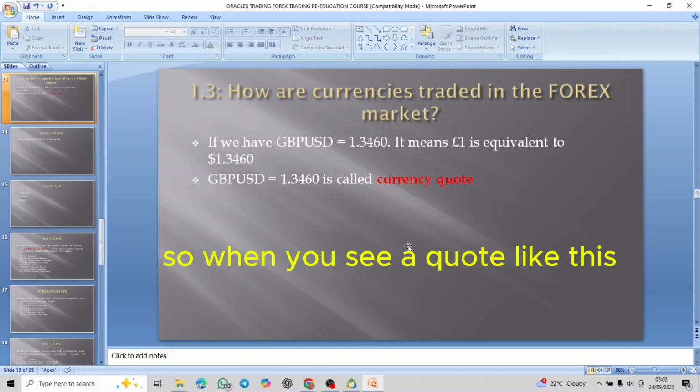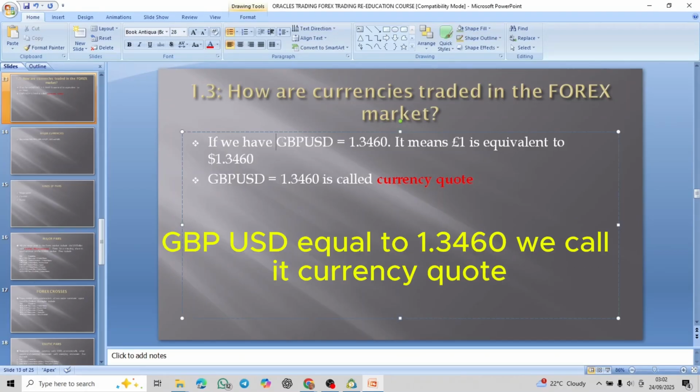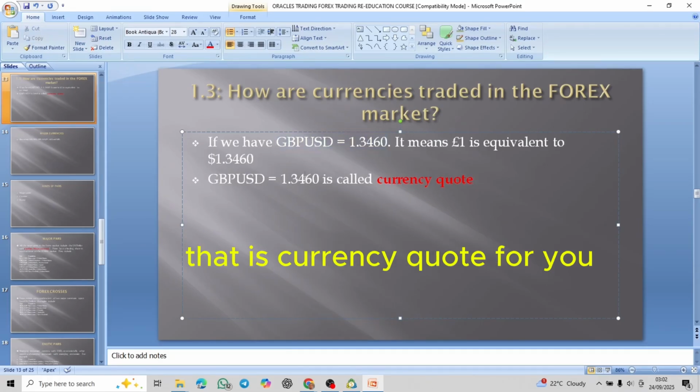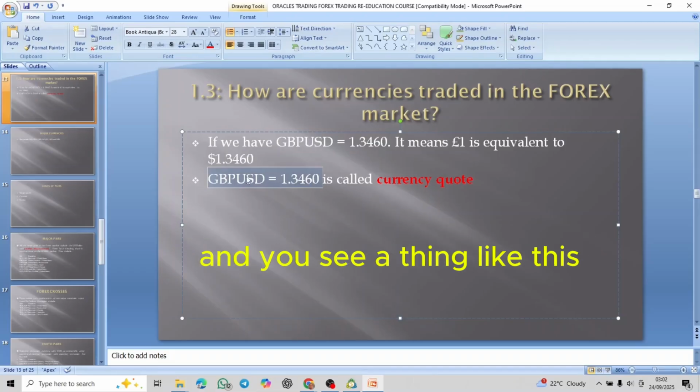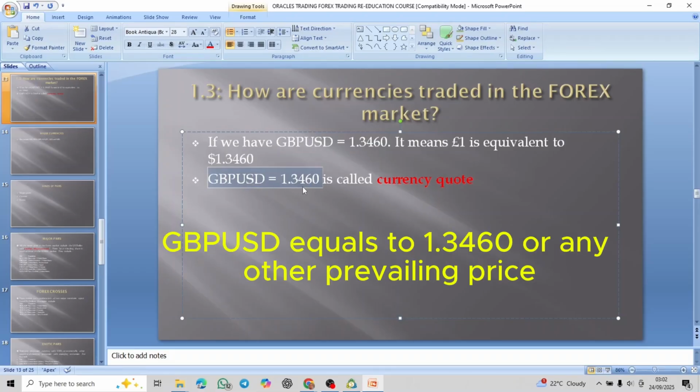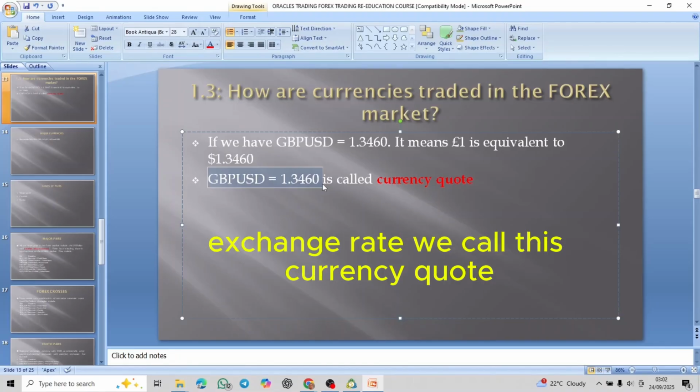So when you see a quote like this, GBP USD equal to 1.3460, we call it currency quote. So maybe if you are reading any book and you see a thing like this, GBP USD equal to 1.3460, or any other prevailing price, exchange rate, we call this currency quote.